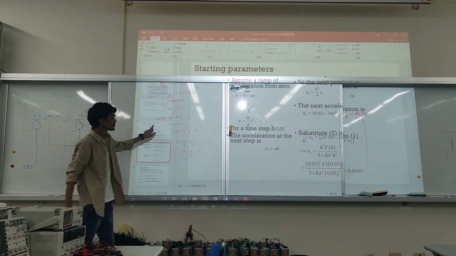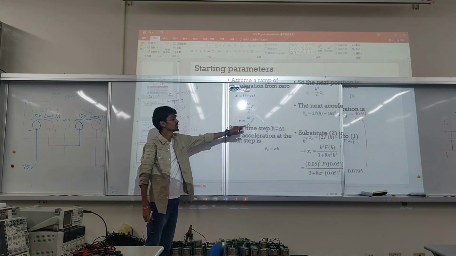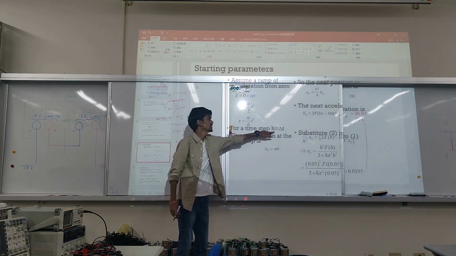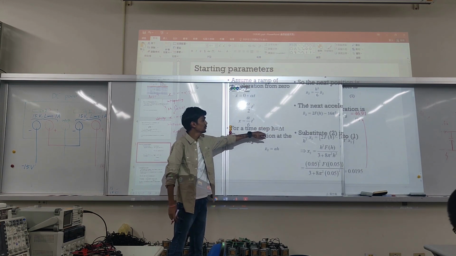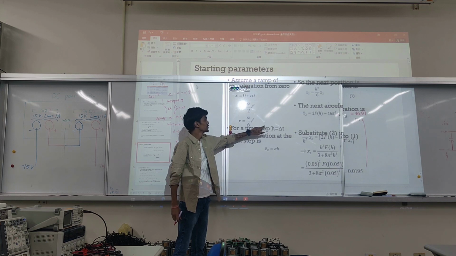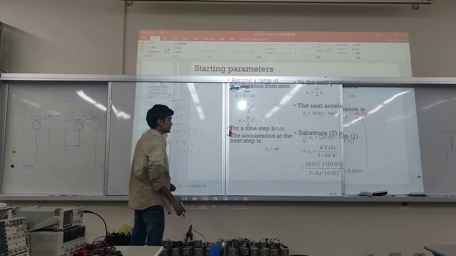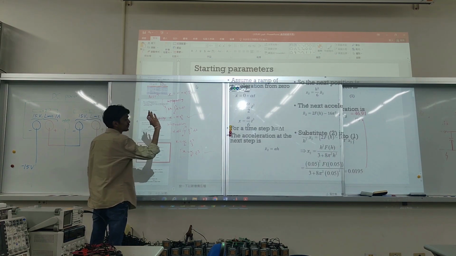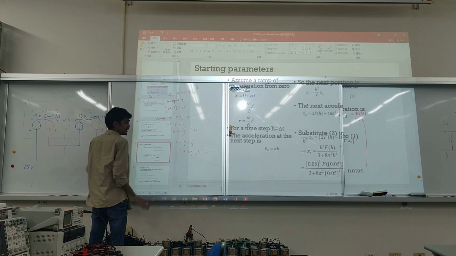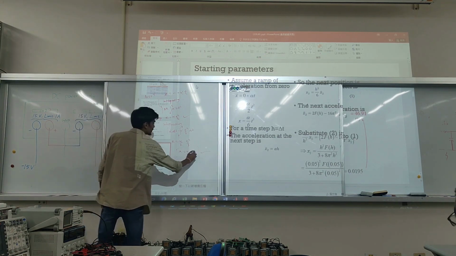Now for the time step of h, that is del t, let's consider t at time step of h. So we can replace t with h. Then the acceleration for the next step will become alpha into t, that is alpha into h, that is our time step.